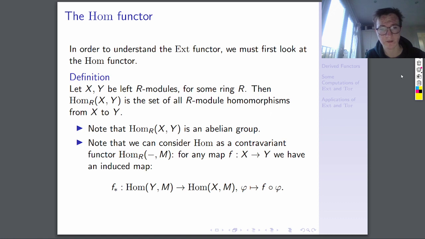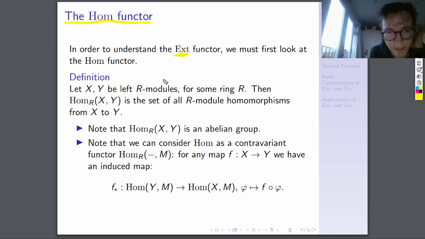Okay, so that was just cohomology and homology. I won't be giving any examples or anything like that. I'm just going to move straight on to the next ingredient, which is the Hom functor. This functor is very closely connected to Ext, so it makes sense to look at it.